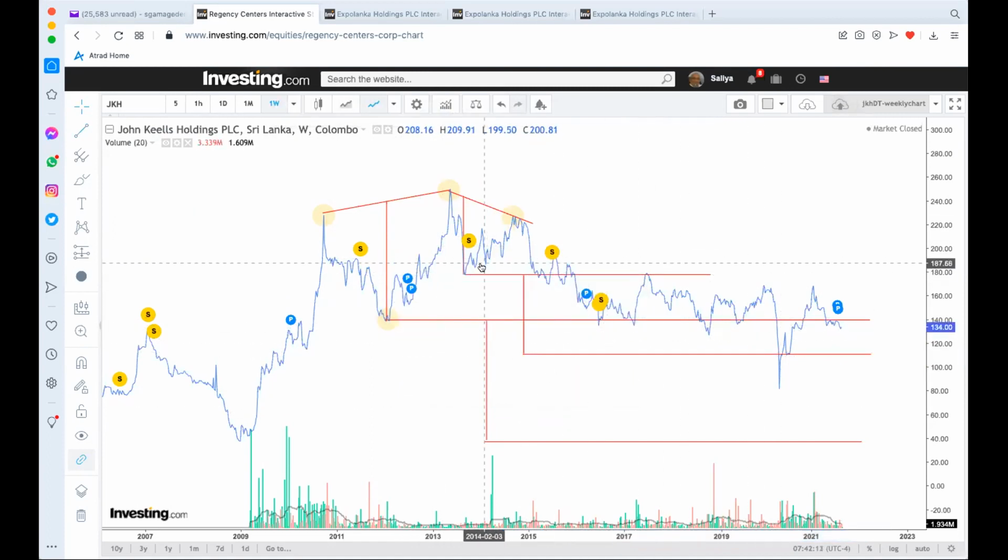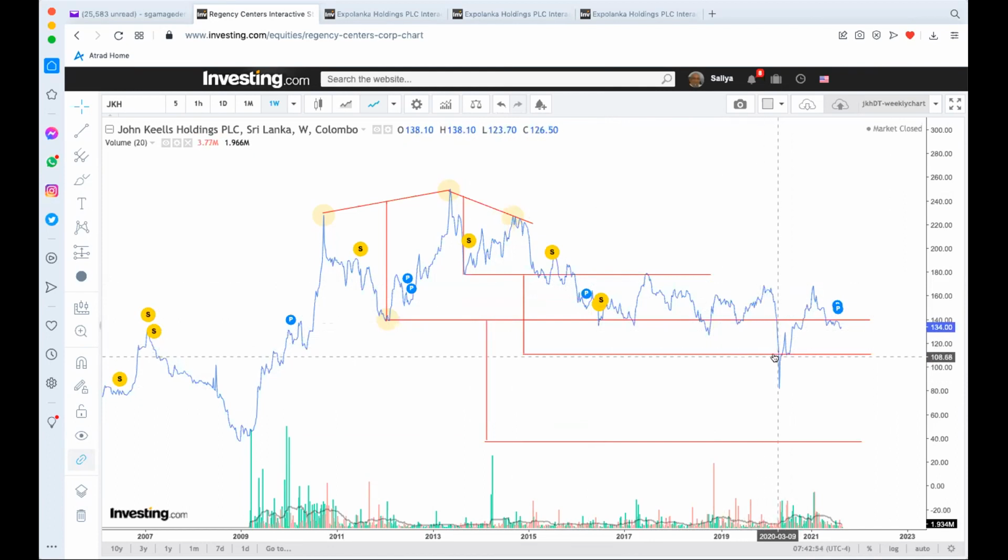So based on this projection, which used the low recorded in September 2013, we projected this line at 110.80, and we can see that by March of 2020, this projection was fulfilled, right?